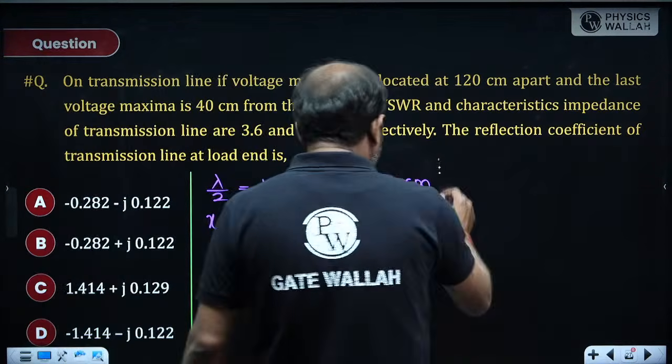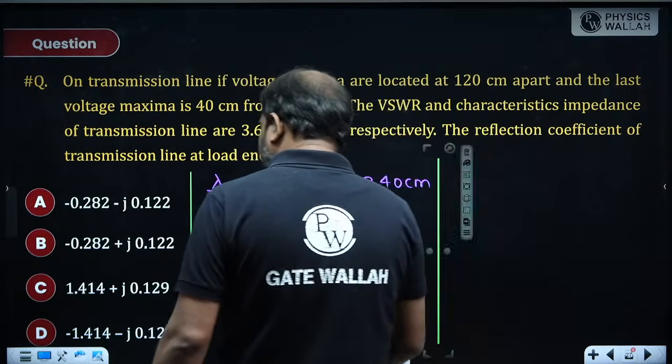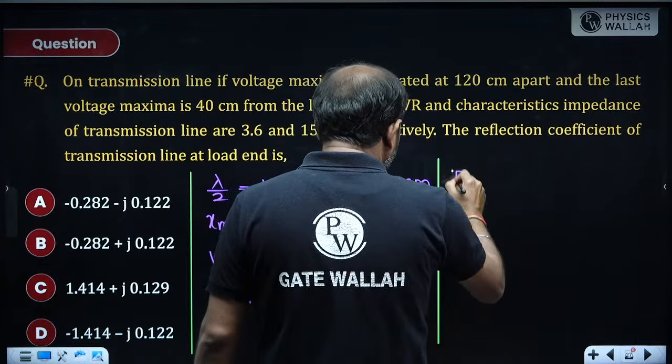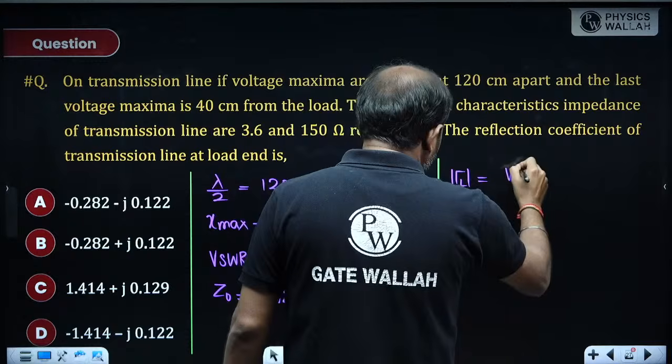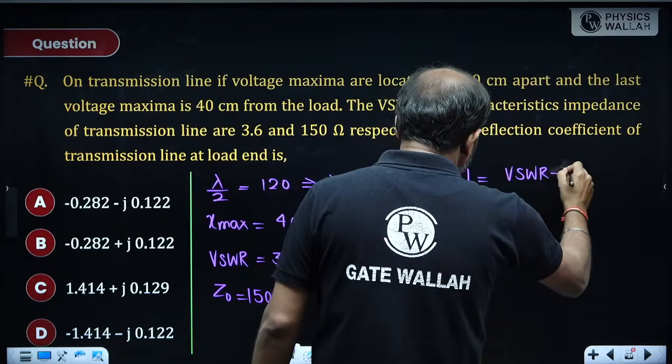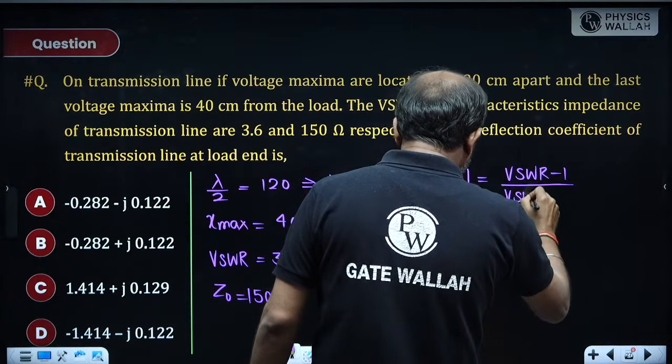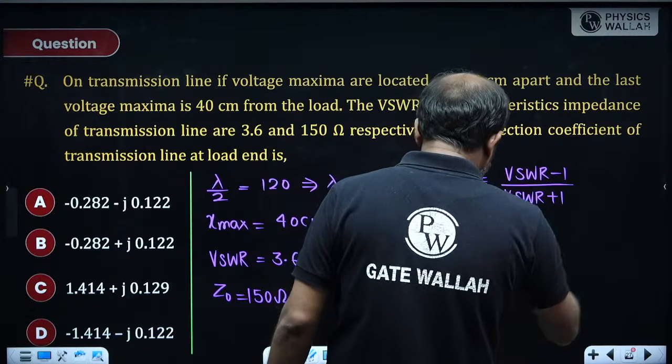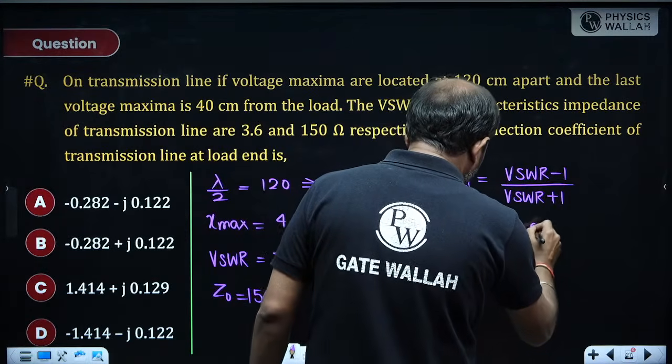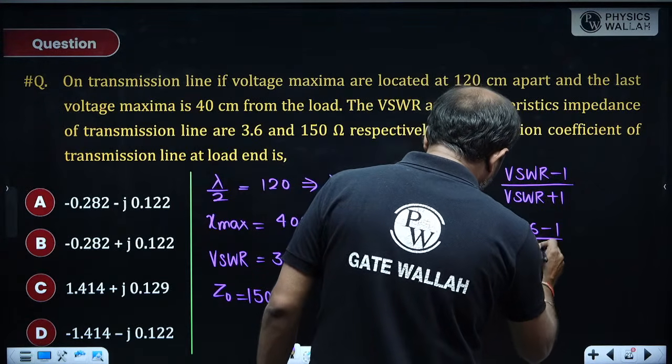So first of all, I will calculate mod gamma L. VSWR minus 1 divided by VSWR plus 1. 3.6 minus 1 divided by 3.6 plus 1.